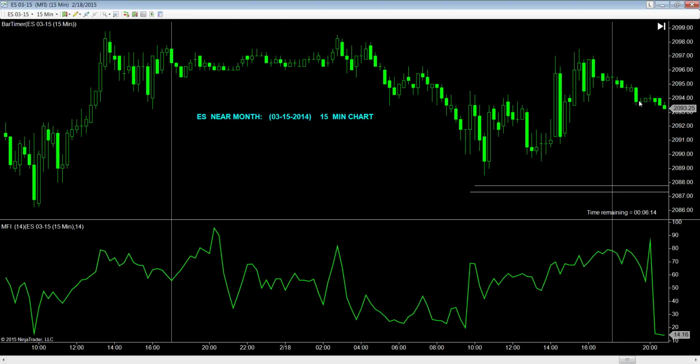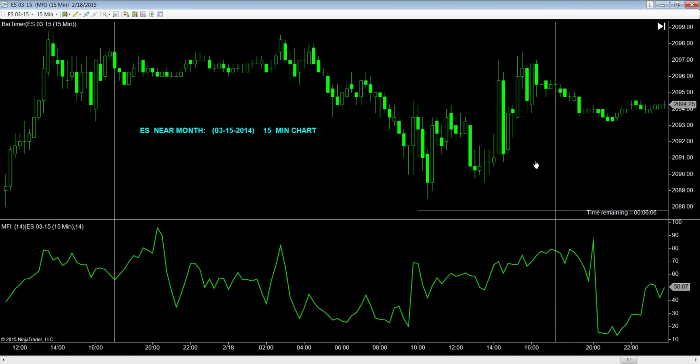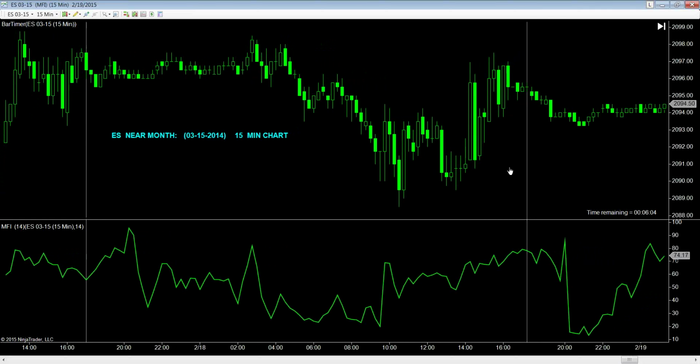What I want everyone to see here is how, in time, as we move into the hard right edge, the pattern that exists here, clearly, market net neutral moving sideways, will have to put itself out one way or the other. And when it gets out of this channel, there may or may not be a trading opportunity.